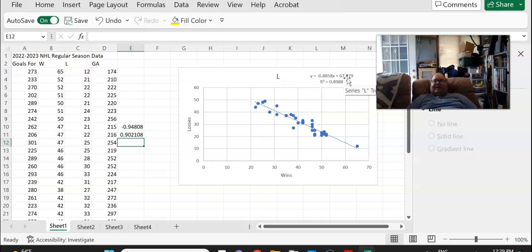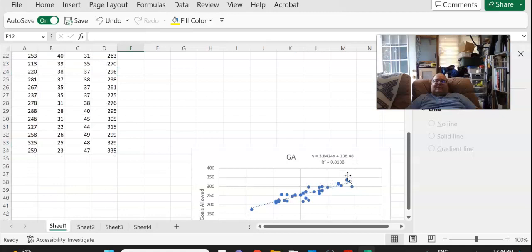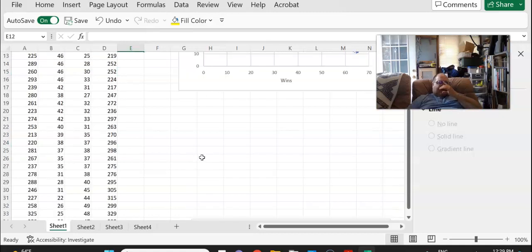The slope and intercept of our line has been determined by this equation, which again can be obtained by using the plus sign.